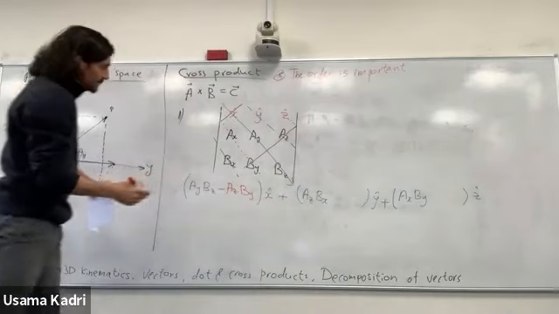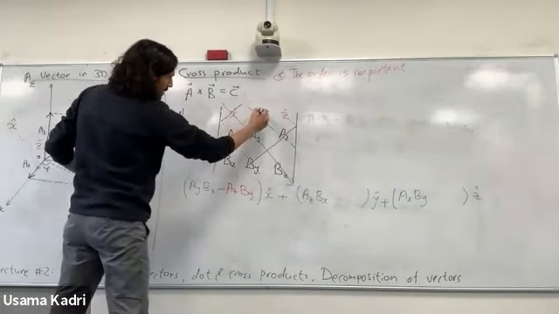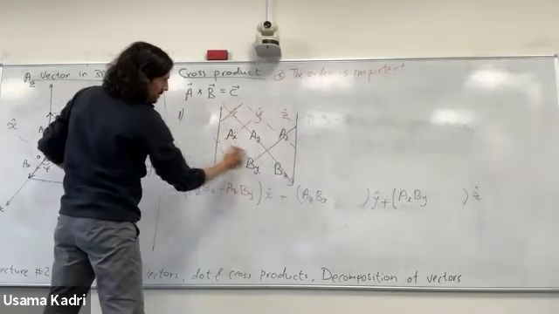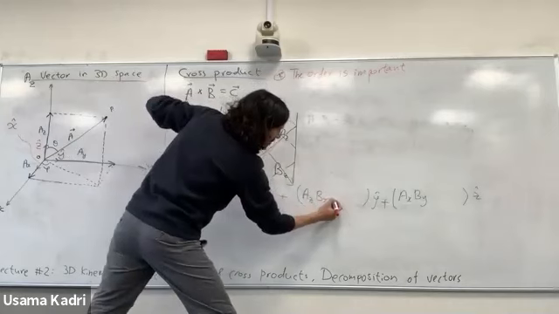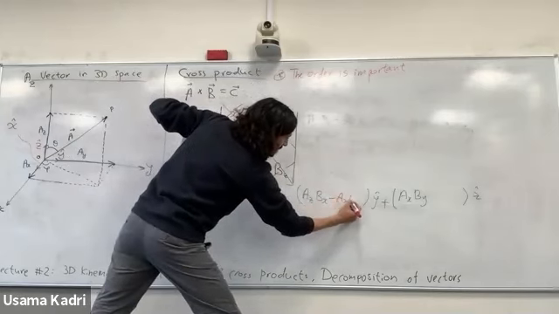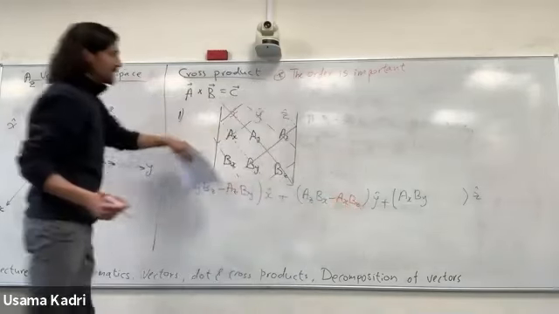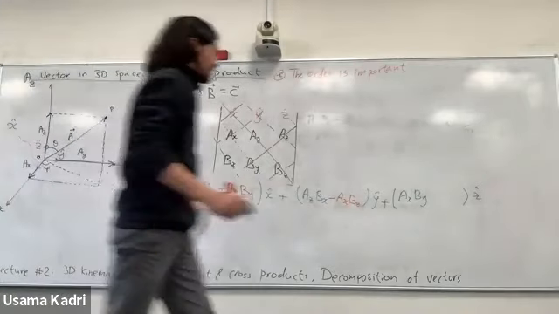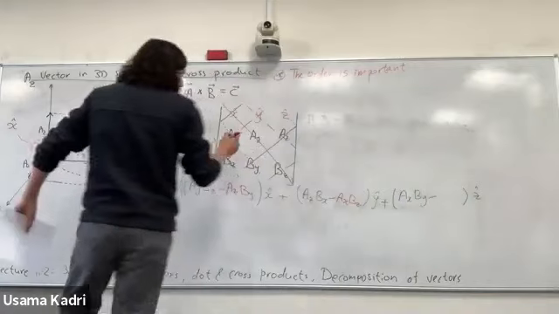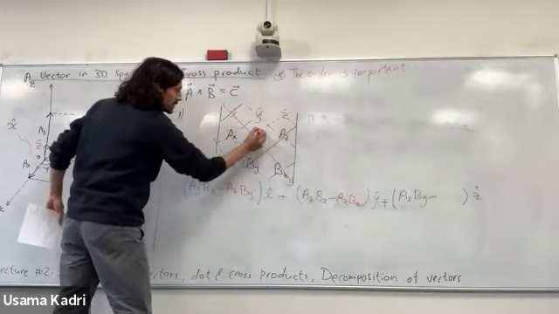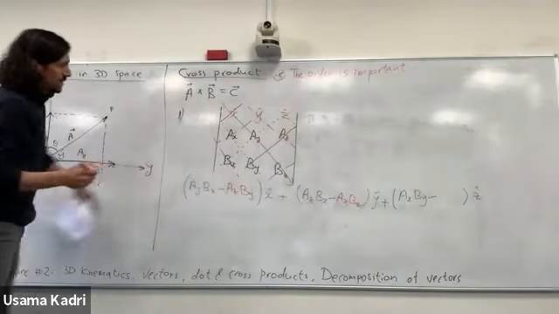Now we do the same in the y direction. You have minus AX BZ, and then minus the last one. You have to dot it. It's just the diagonal now.